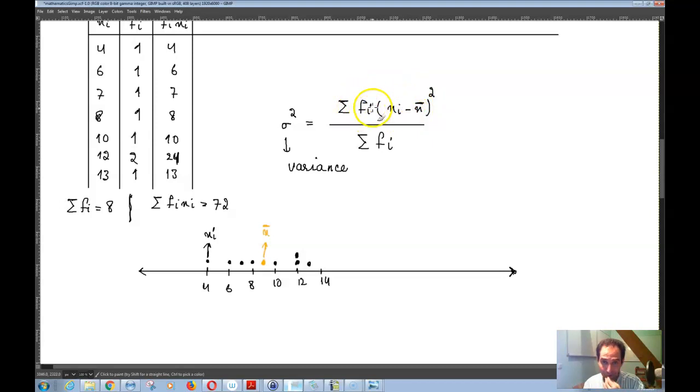And 25 times the frequency, 1 here, is going to be 25. And then you have another observation over here. Again, you're taking that distance, raising it to the second power, and multiplying by the respective f of i.